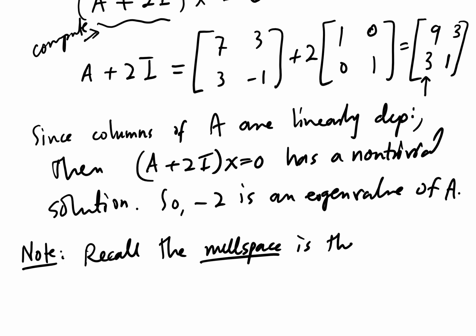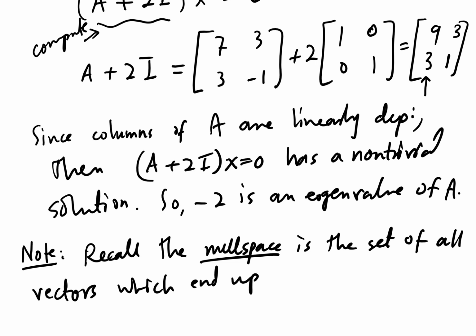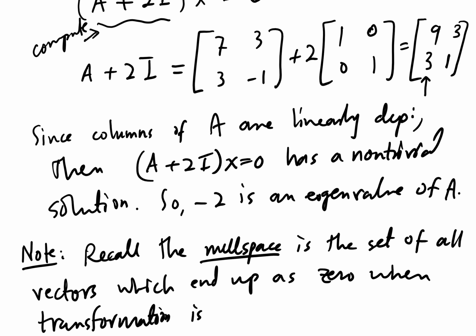It is basically the set of all vectors which end up as 0 when the transformation is applied to them.